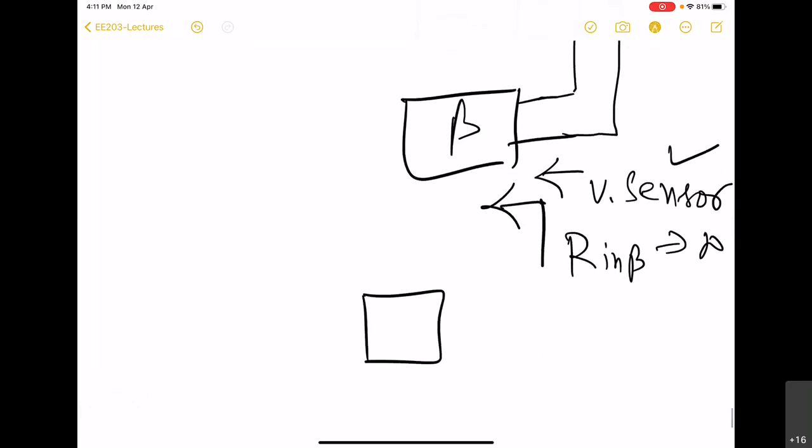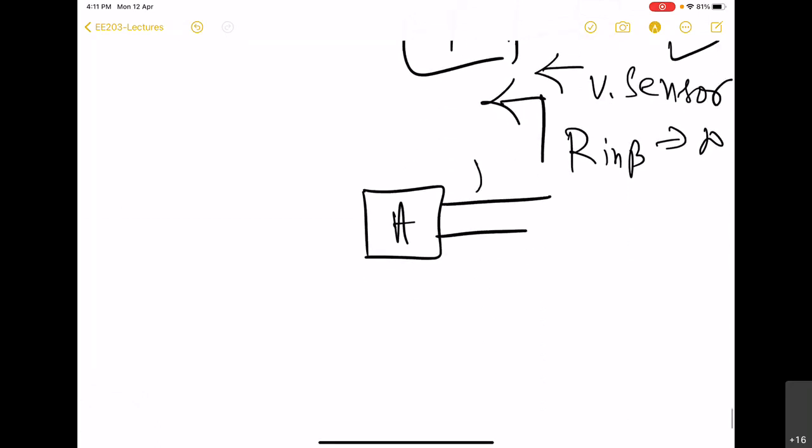Similarly, if we have an amplifier producing output current, the feedback network should sense current, so it has to be connected in series.